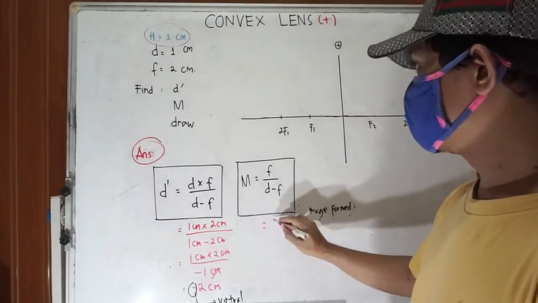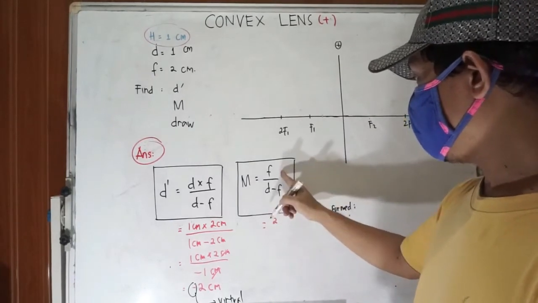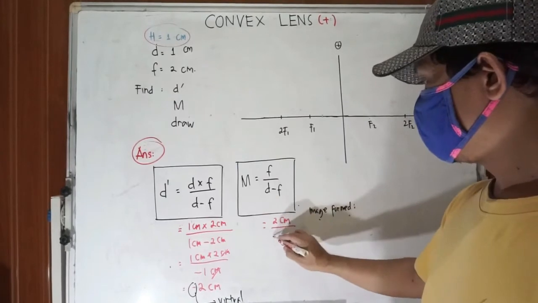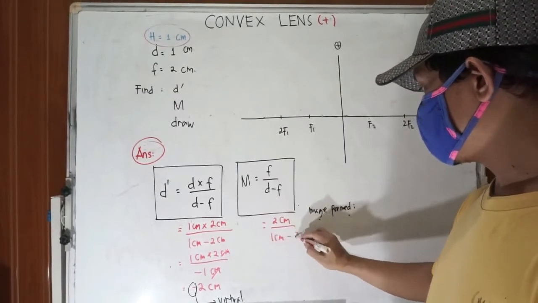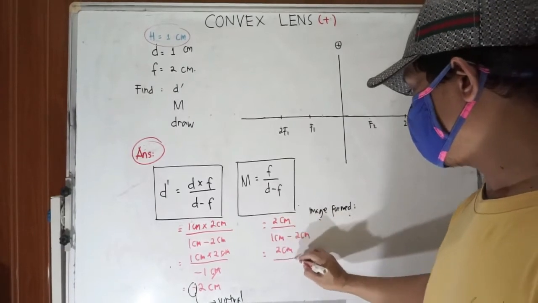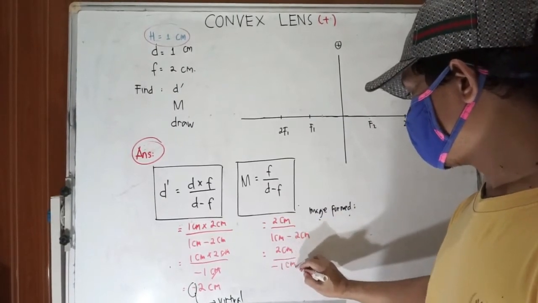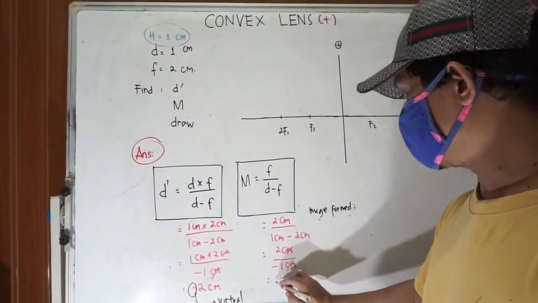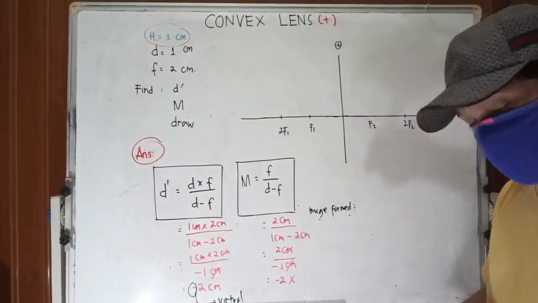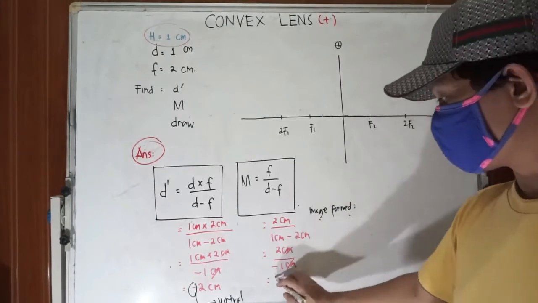Go to M. M is d f over d minus f. So, f 2 centimeter over 1 centimeter minus 2 centimeter. So you got 2 centimeter over minus 1 centimeter. And so you got minus 2 times. Okay, so students, you got minus again.